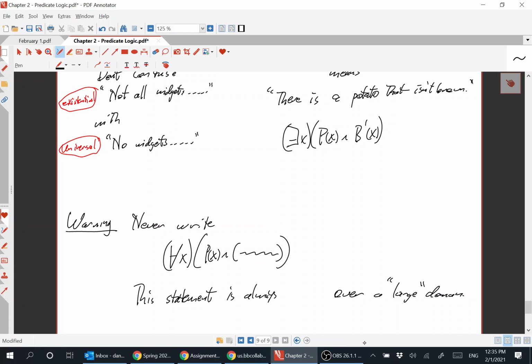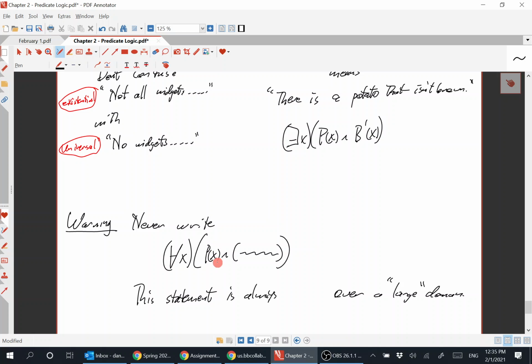In other words, a domain that doesn't include just things identified by P. I mean, if you want to say everything in the universe is a potato and everything in the universe is a pony and everything in the universe is purple, such a statement is just what?